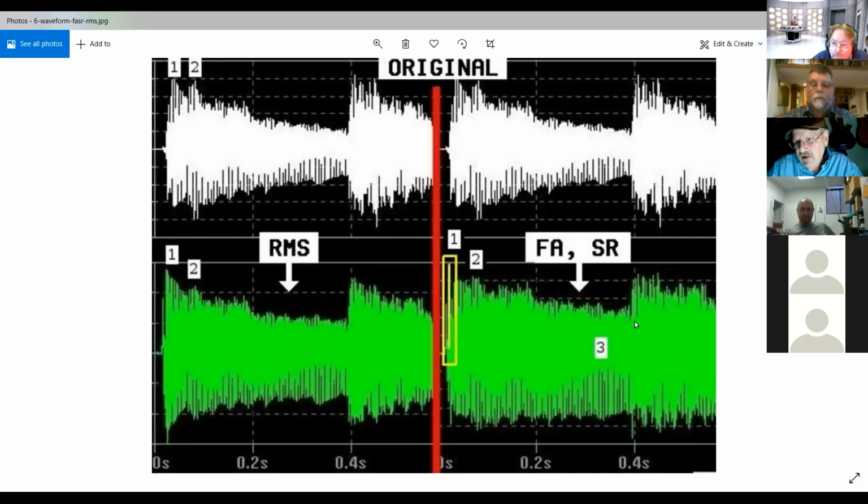There's going to be a little overshoot while that attack time prevents it from reacting instantly. But while I'm not saying that the RMS is better than this or vice versa, you will see that it is a little bit easier to clip this. And by going with multiple bands, we can optimize the attack, release, and or RMS averaging for that particular band.